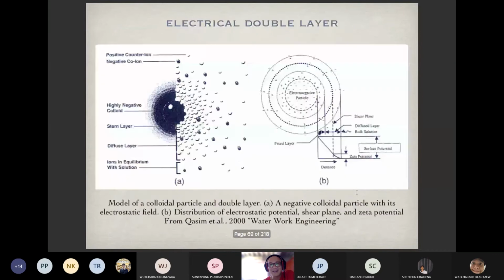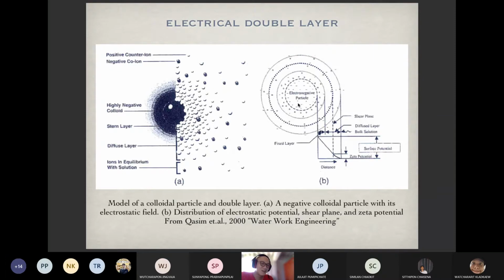For the colloidal particles, if you really look into the physical characteristics, you will find something like this. This is the nucleus of the colloidal particle here inside. Surrounding the colloidal particle, they are mostly clay particles. It is covered by a negative charge.